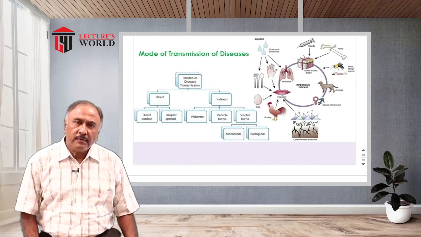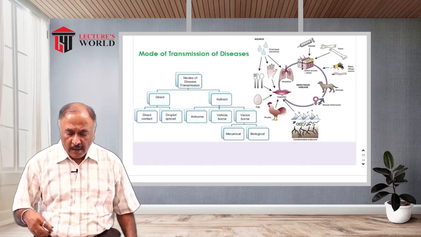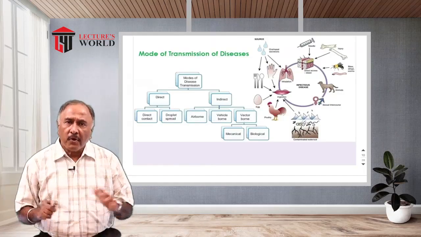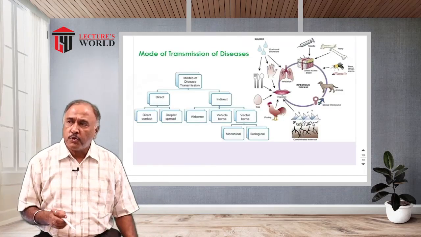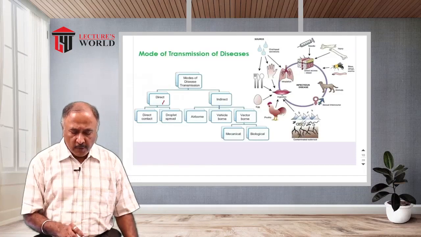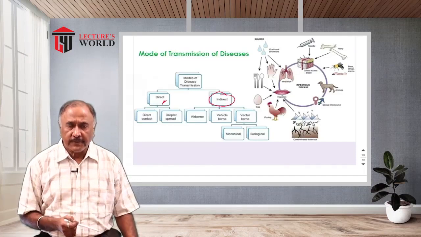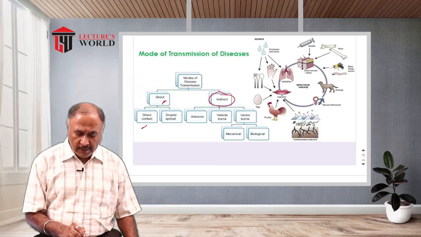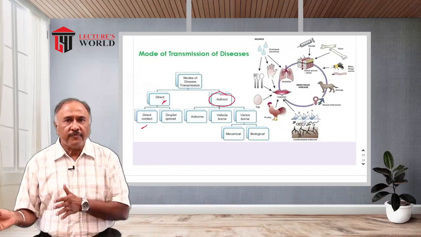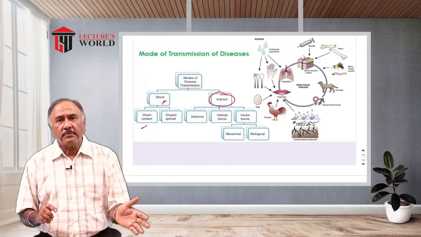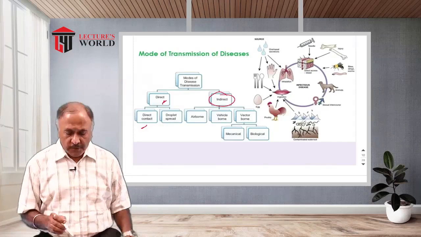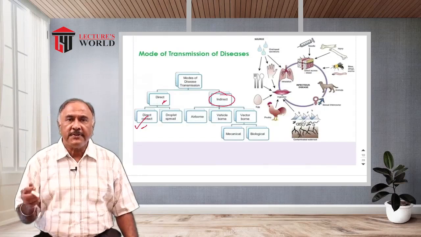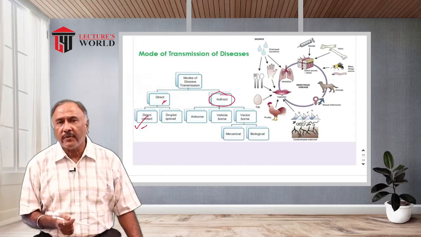If you see this diagram, here you can see that the modes of transmission we can broadly divide into two categories, that is direct mode of transmission and indirect mode of transmission. Direct transmission can be through direct contact, that is when a diseased or infected individual touches the healthy individual, or it can be transmitted by droplets, as we have seen in case of corona.